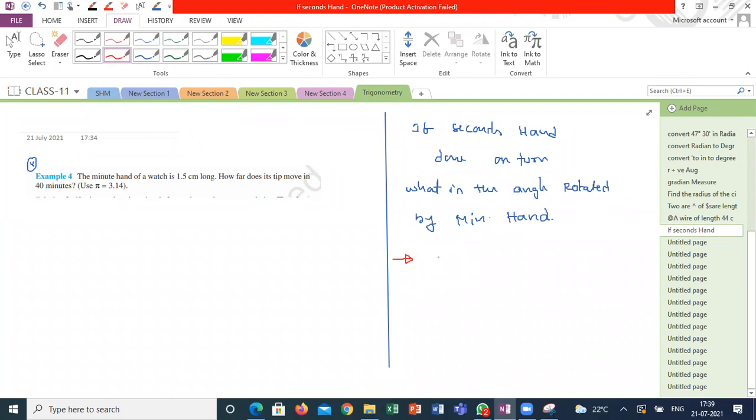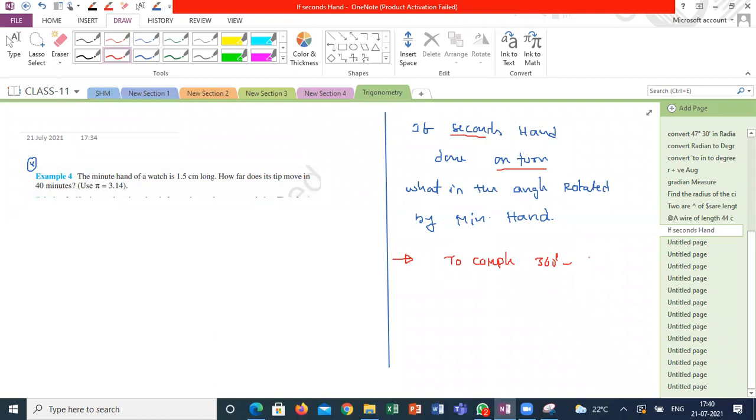Yes. See, I am using ratios and proportions because generally this will come in MCQs. The seconds hand has completed one full turn. That means 1 minute is done, correct? Yes, sir. The minutes hand completes 360 degrees.